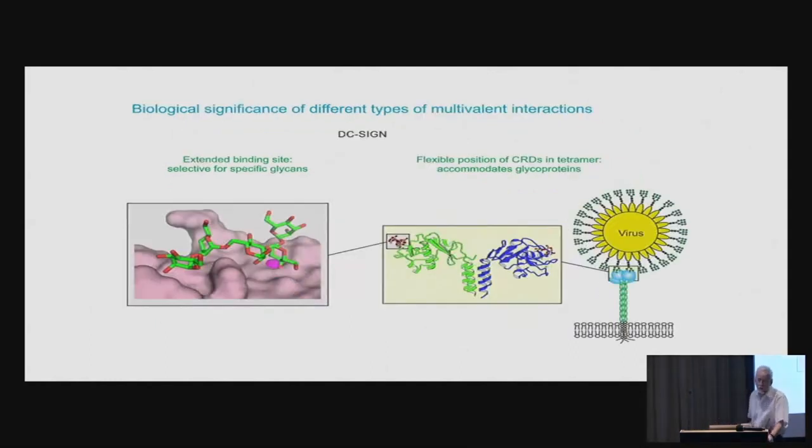The other way you can recognize a pathogen surface is by making a more specific recognition site for a pathogen-specific glycan. That's what DC-SIGN is doing when it recognizes the high mannose oligosaccharide on HIV, because that high mannose oligosaccharide is not going to be common on your surfaces, but will be more common on the virus surface.